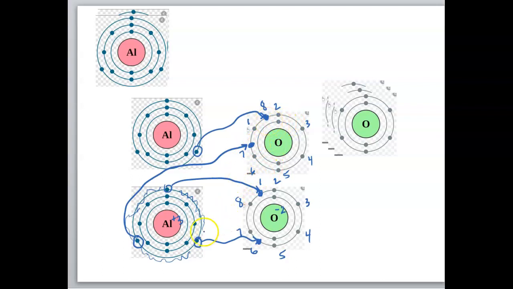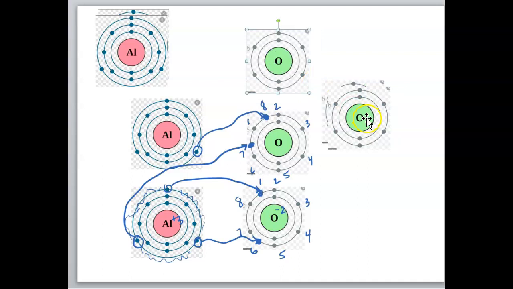So that means that this oxygen has reached its full valence shell. The 2 oxygens have, but in this case the aluminum still needs to lose those 2 electrons to have a full valence shell. So in that case, what is going to be happening is that we're going to see if 1 more oxygen does the trick.